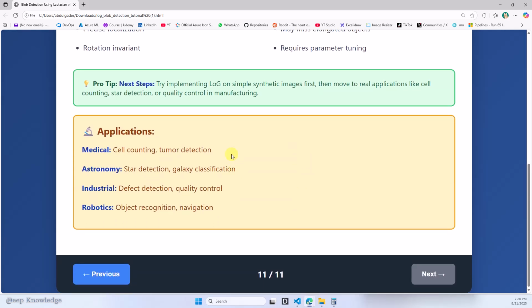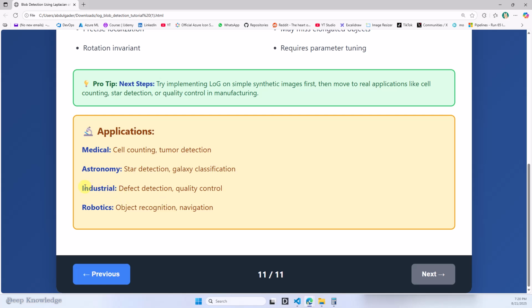Some applications are cell counting and tumor detection. Sometimes you have medical images, and it's also used for detecting tumors, but it's not very accurate. For such applications we have to use deep learning.